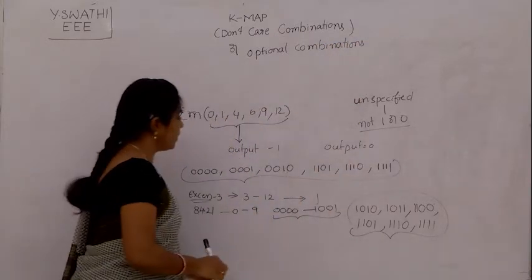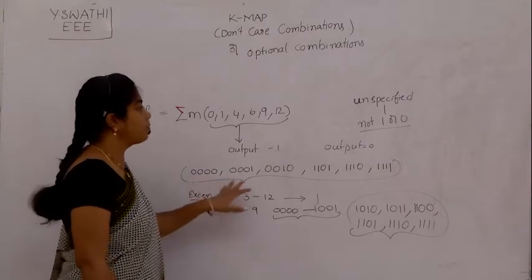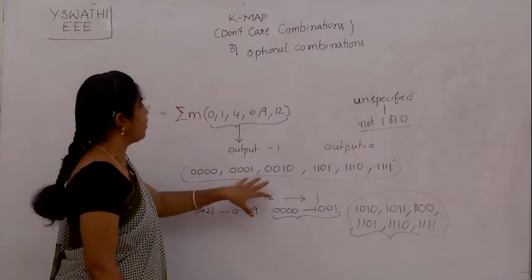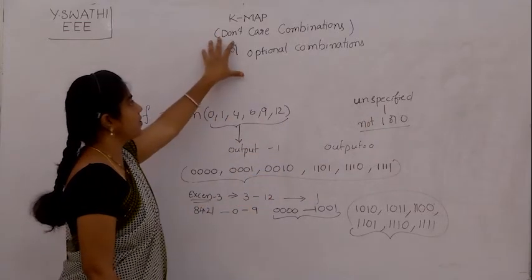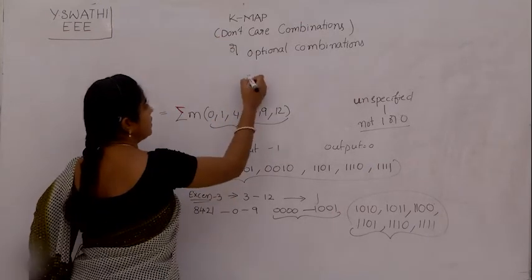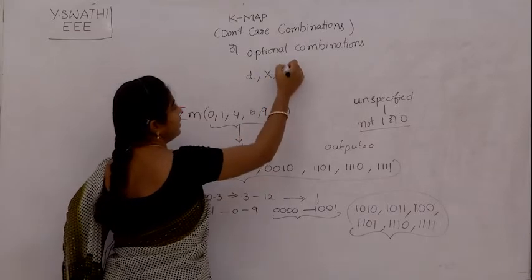We can say that either the input is an invalid combination or the output is unspecified. These combinations are represented with D or X or a null symbol phi.